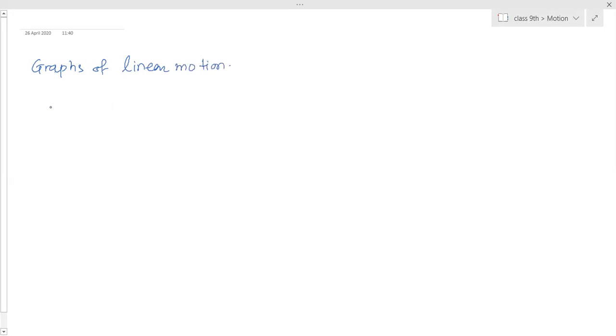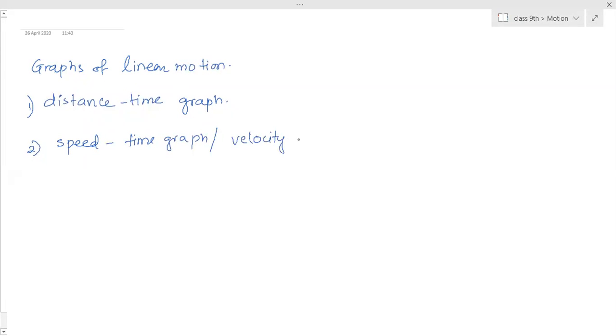Now first, there are two types of graphs. One is the distance time graph. That means the change in distance with time, how much distance has changed in each different time interval, that we have to check. The first is the distance time graph, and the second one is the speed time graph or velocity time graph.